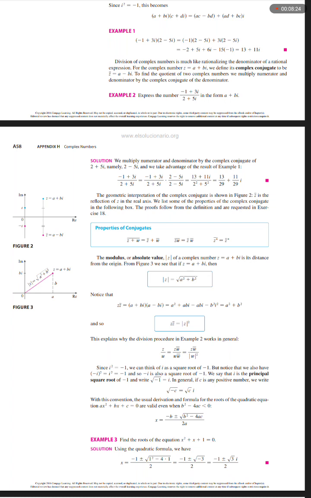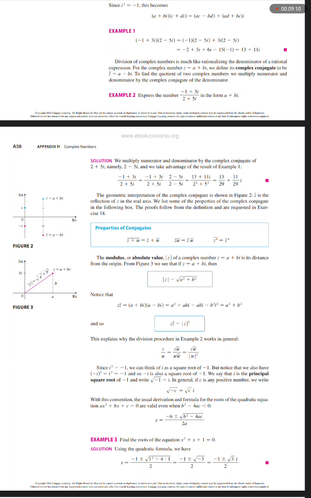Properties of conjugates: the conjugate of z plus w equals z bar plus w bar; the conjugate of zw equals z bar times w bar; and the conjugate of z to the power n equals z bar to the power n.